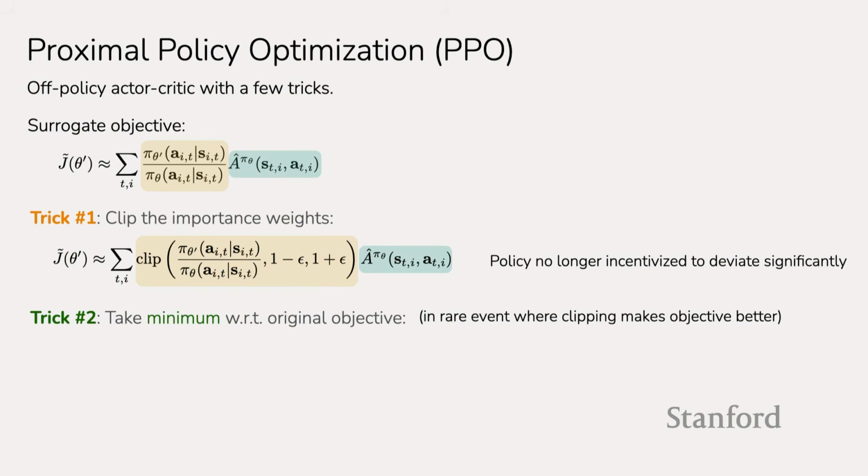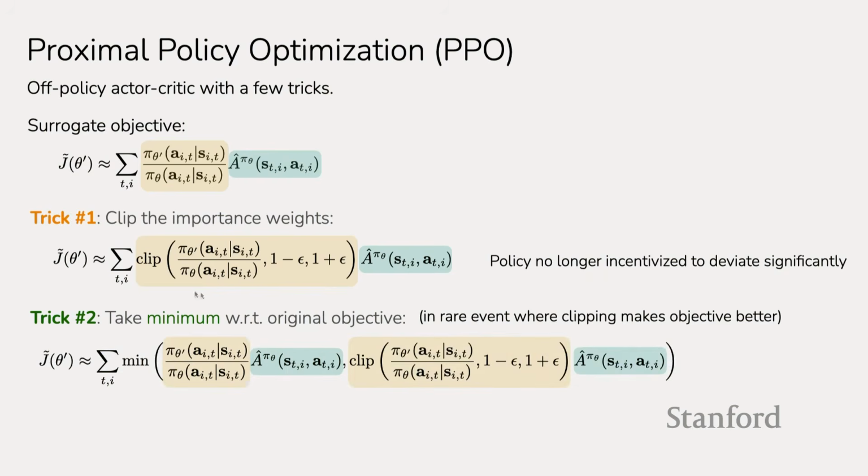one thing that PPO does, and the final objective of PPO, is to take this clipped objective, but take the minimum with respect to the original objective. And this minimum is just making sure that the clipping will never make the objective better. It formulates a lower bound, ensuring that this is a lower bound on the original surrogate objective.